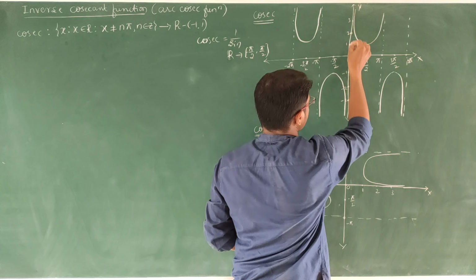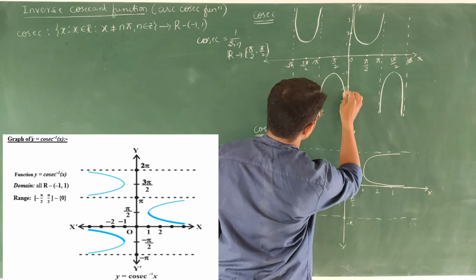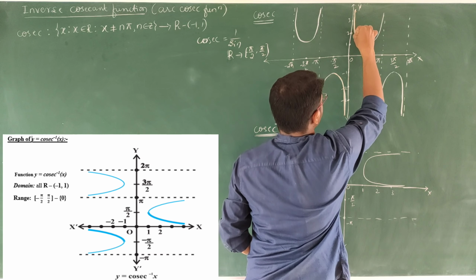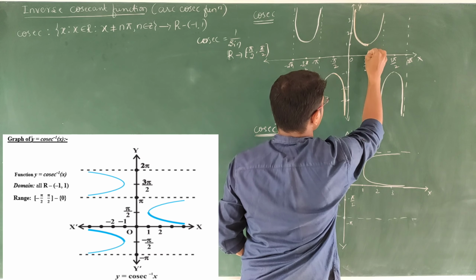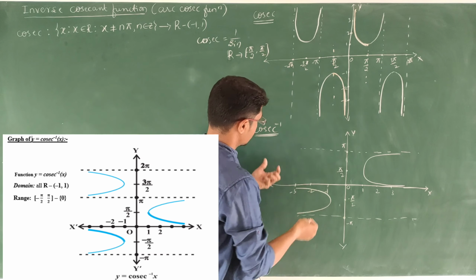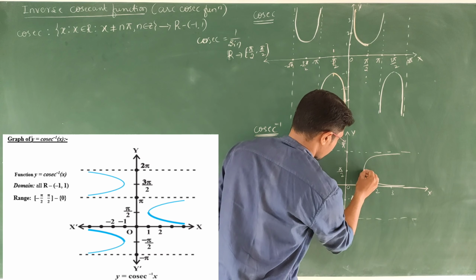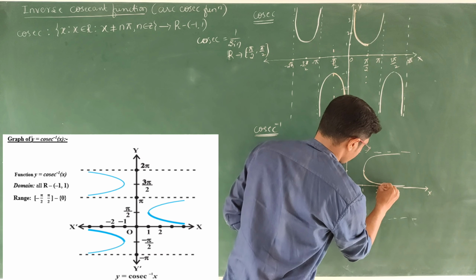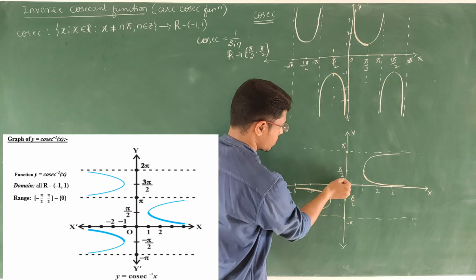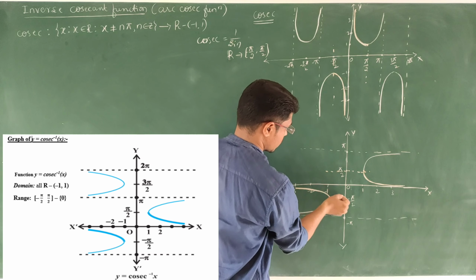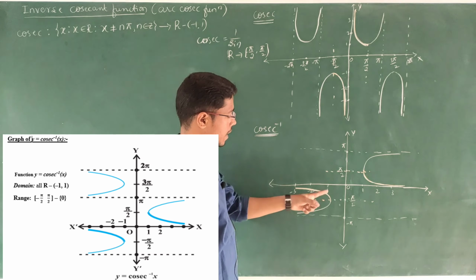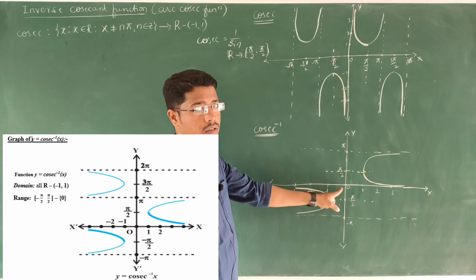Because it doesn't touch the 0 line, in this region from minus pi by 2 to pi by 2, cosec becomes invertible. See the graph of cosec inverse, from minus pi by 2 to pi by 2, excluding 0.